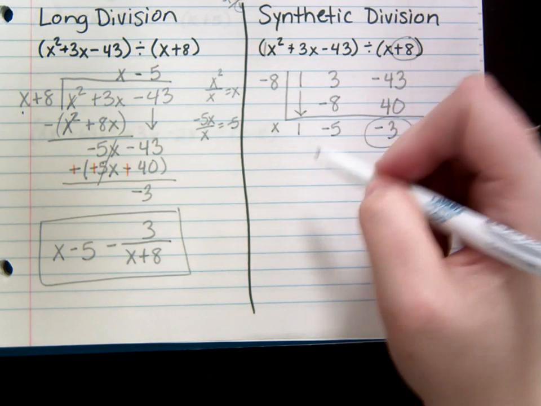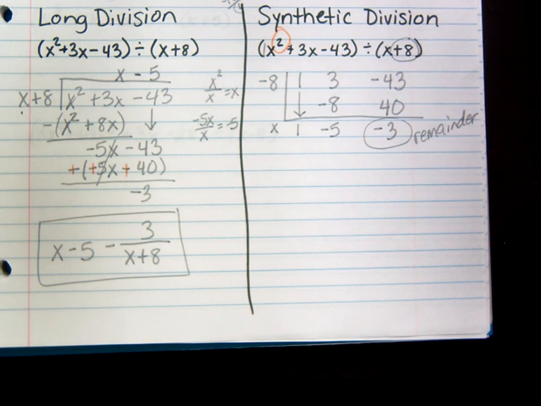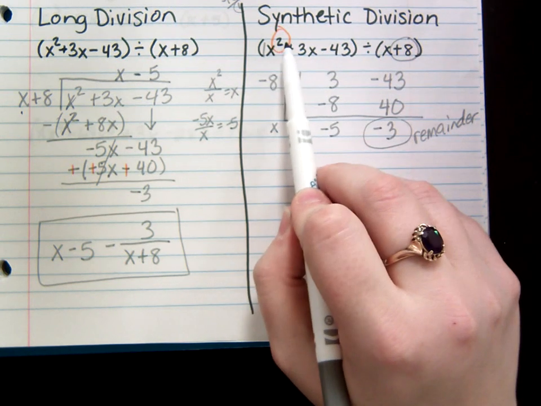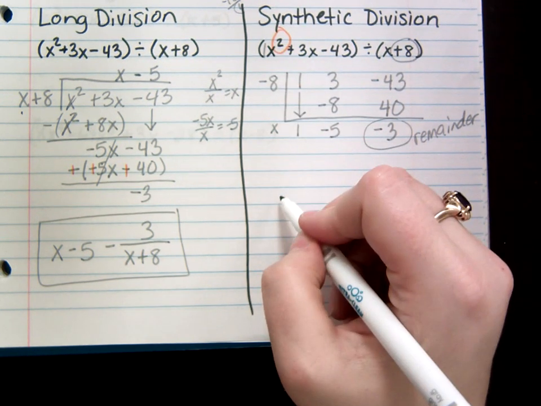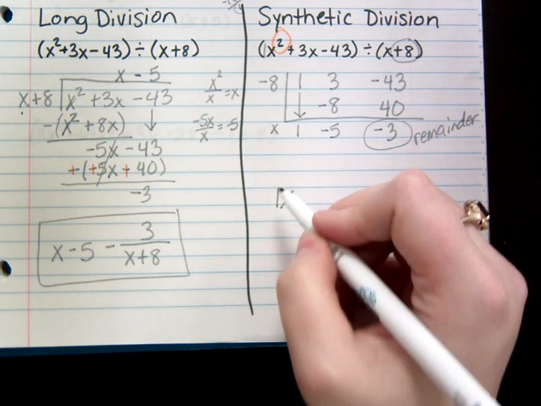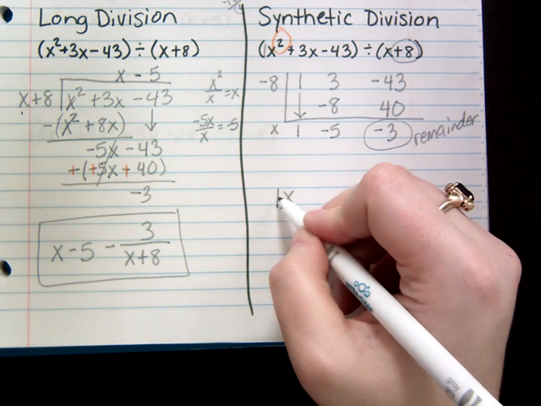Now, when you go to write your answer, you always go down a degree from your original value. So we started off with an x squared. In our answer, we're not going to start with x squared, we're going to start with x. Now you don't have to put the 1, I just did it because it matches up with this one. And then you go down from there.